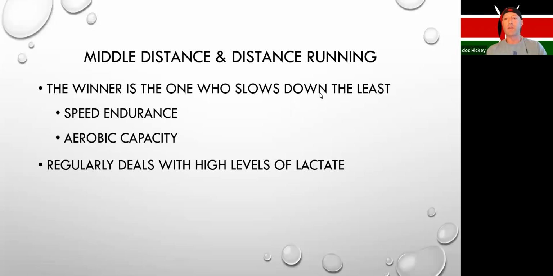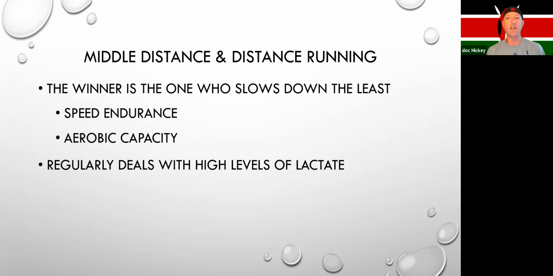In terms of middle distance running, if you watch a middle distance race, unfortunately, the Olympics will not be going on this year. They'll be going on next year. So when you watch an 800, 1500, 5K, 10K, marathon, in the middle distance and distance events, the winner is the one who slows down the least. Now, apologies to David Tao.